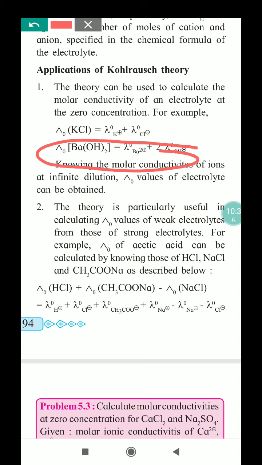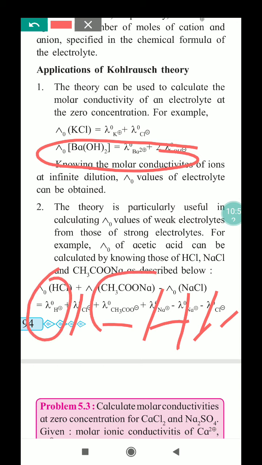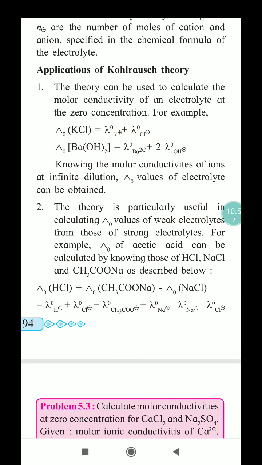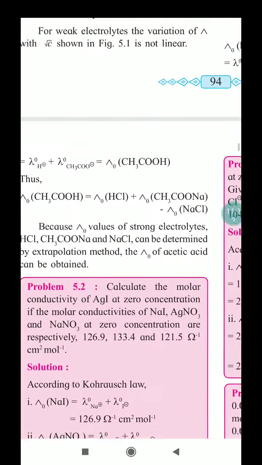Again lambda 0 acetate ion, lambda 0 Na positive, minus lambda 0 Na positive and Cl negative. Na positive and Cl negative cancel. Remaining is lambda 0 H positive plus lambda 0 acetate ion, which is nothing but acetic acid. So from the molar conductivities of HCl, sodium acetate and NaCl, we can calculate the molar conductivity of acetic acid at 0 concentration.